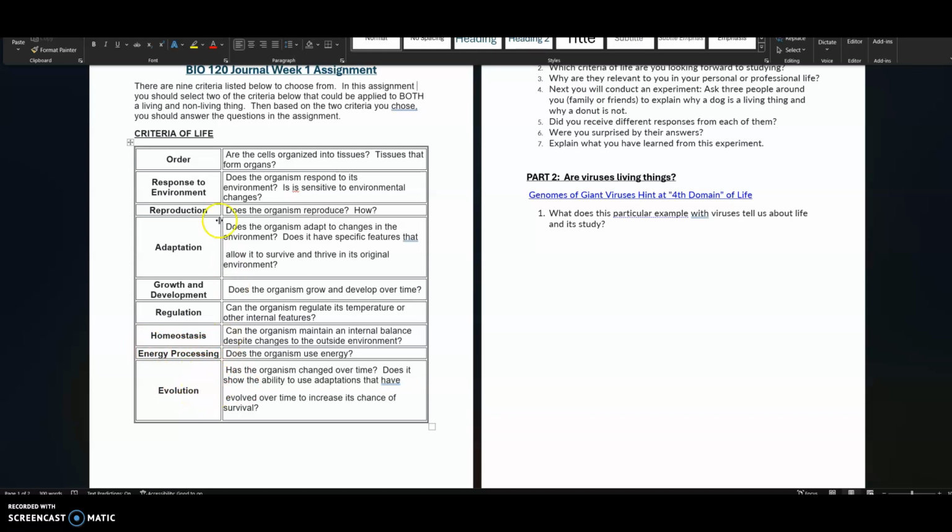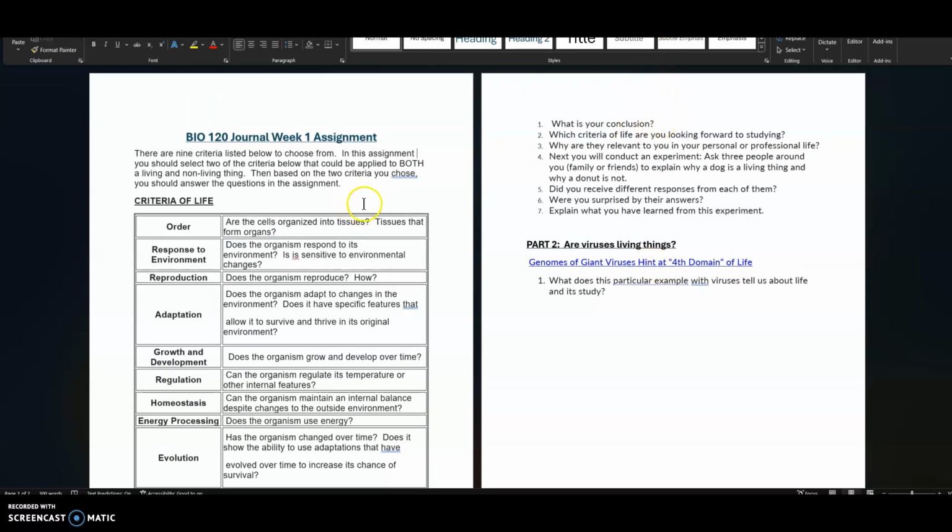So you're going to pick two out of these lists of criteria, which there are 9. So 2 out of the 9 that could be applied to both a living and a non-living thing. And then you're going to answer these questions, right? So you might choose a rock as your non-living thing and a plant as your living thing.